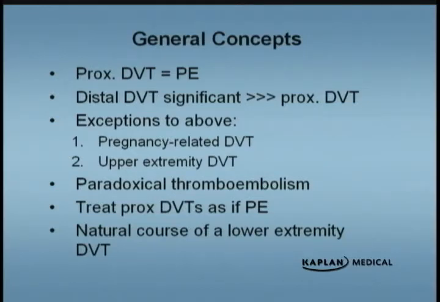That's the way you think about it, because most of the pulmonary emboli arise from the proximal DVTs. They dislodge, they go onto the right side of the heart, they break up, and they go into the lung and cause pulmonary emboli. There are other causes of pulmonary emboli, but in about 80–90% of the cases, it comes from a proximal DVT. And I want you to know that one and the other are one and the same disease.